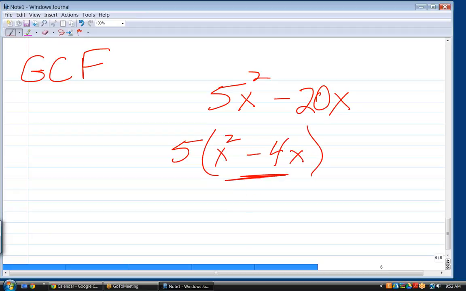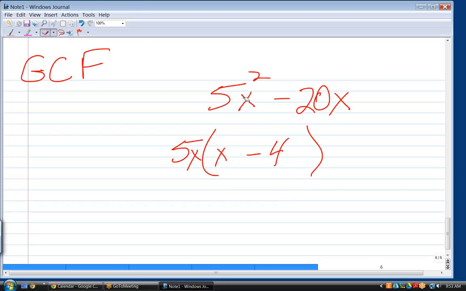Is there anything I can take out of that? In other words, if I can still take something out of this thing, then I haven't gotten the greatest common factor. The greatest common factor was actually 5x. Because the definition of the greatest common factor is, can it divide into that expression and come up with a whole number?